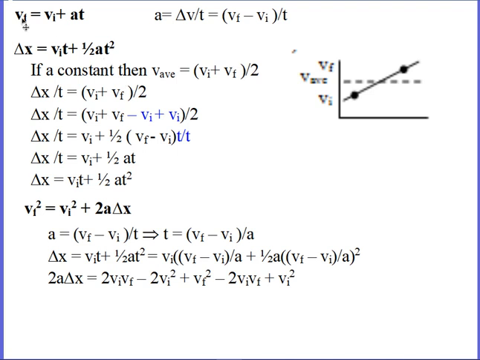So there are 5 variables: initial velocity, final velocity, acceleration, time, and displacement, and there's one equation for each of those 5 variables when that one variable is missing. But I don't think it is worthwhile for you to memorize the other 2. The occasion to use them doesn't come up so often.